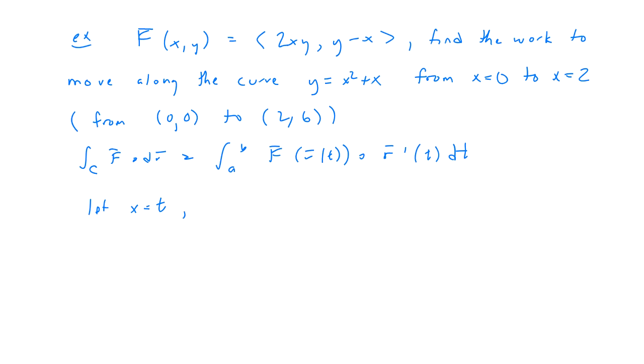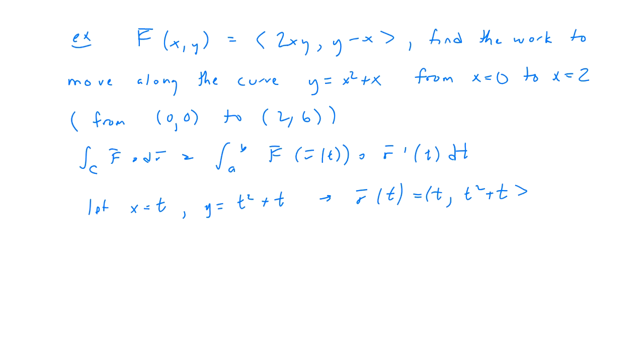And then in that case, y, which is x squared plus x, is equal to t squared plus t. And therefore my parameterization is just t, t squared plus t. So pretty much always it's a fairly simple parameterization where you just let one variable be basically itself and then solve in terms of the other variable. So here's my parameterization.